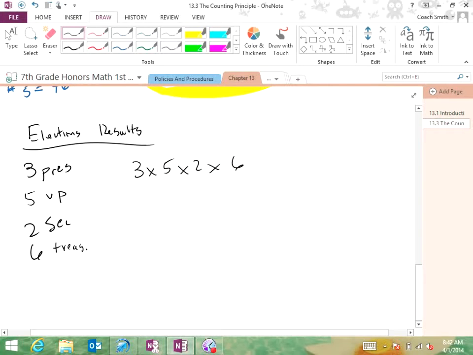Okay? 3 times 5 is what? 15 times 2 times 6. 180. So there's 180 possible results. Okay? So it's fairly simplistic stuff. Not a whole lot to it.